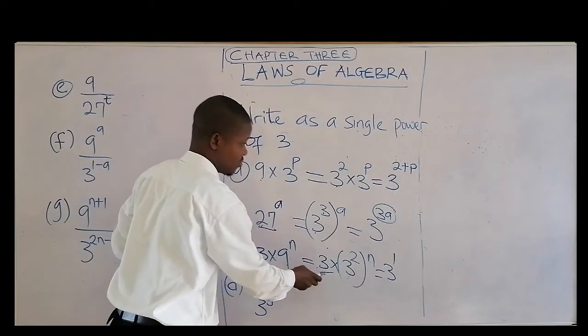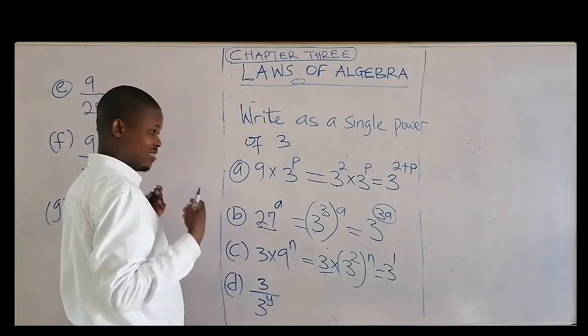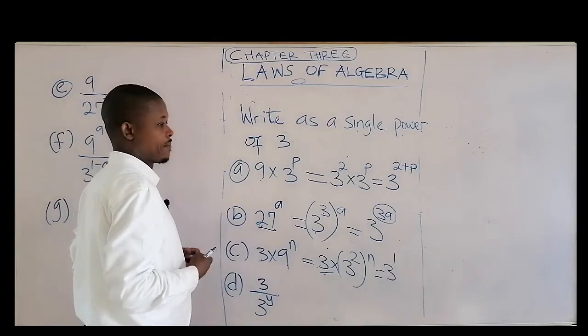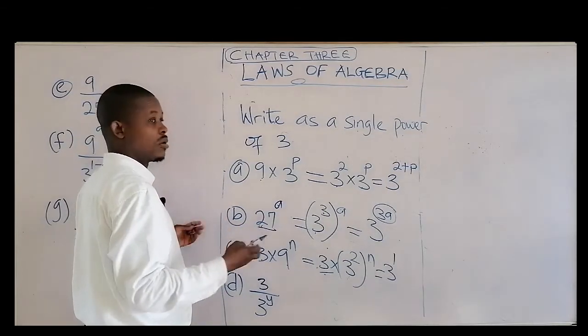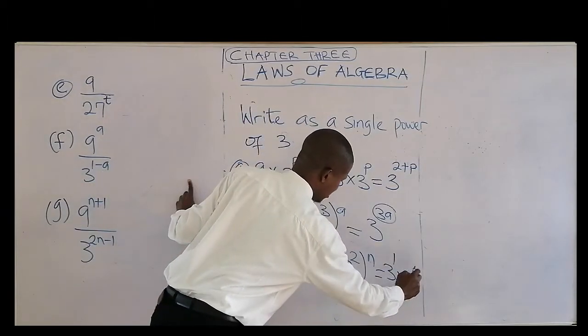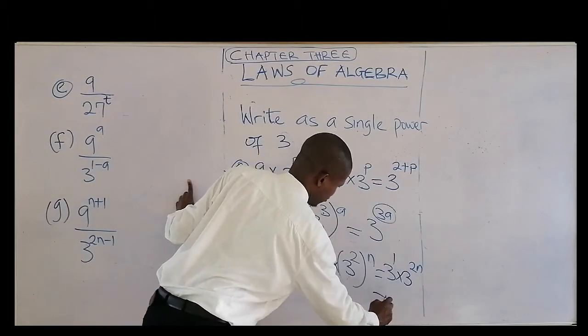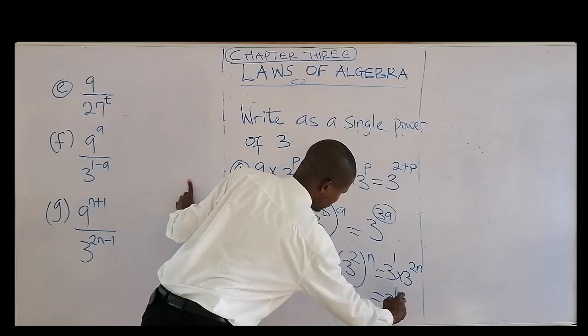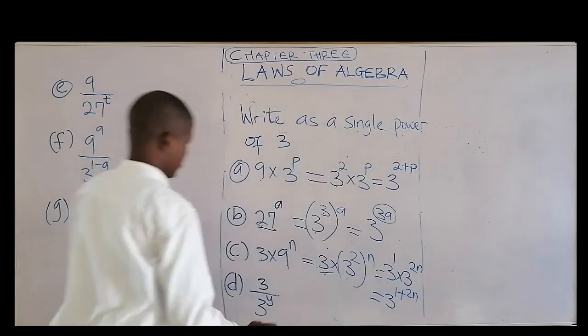Once the number is not 0, it carries 1 and doesn't change the number. Any number to the power of 1 is that number. So this will be 3 to the power 1 plus 2n.